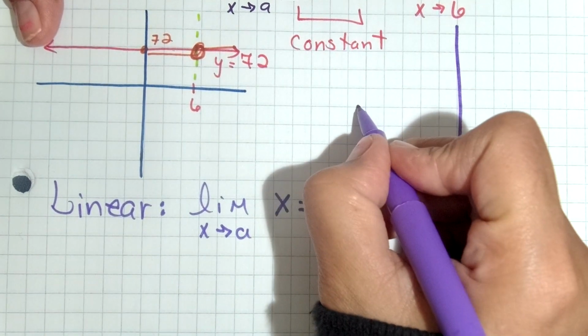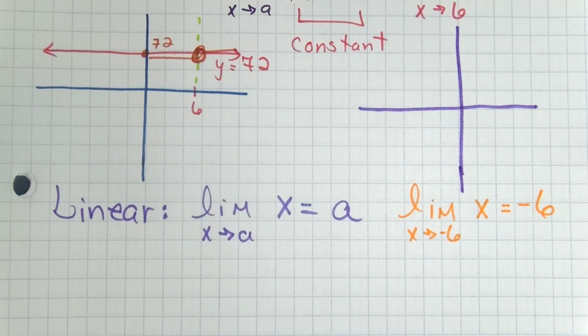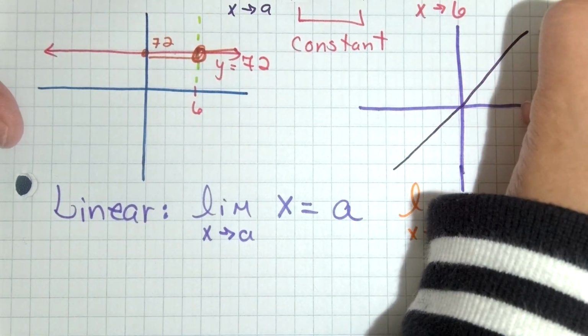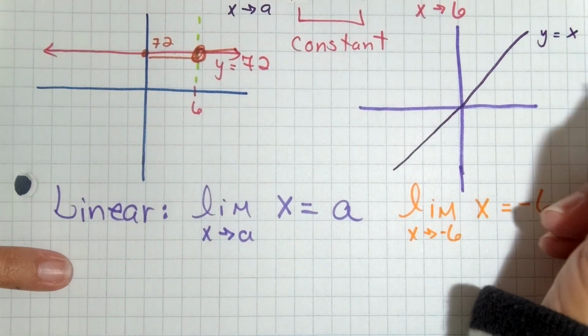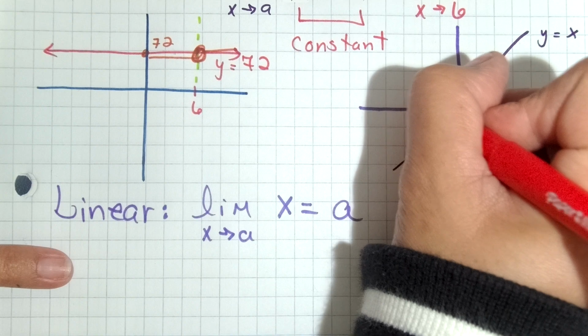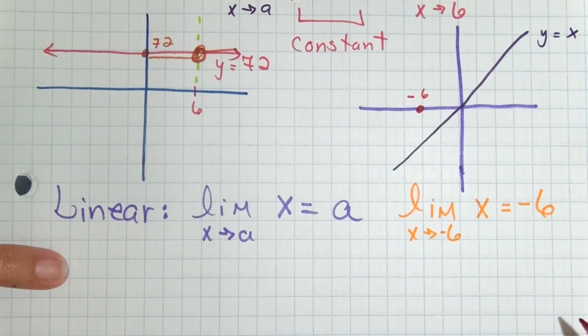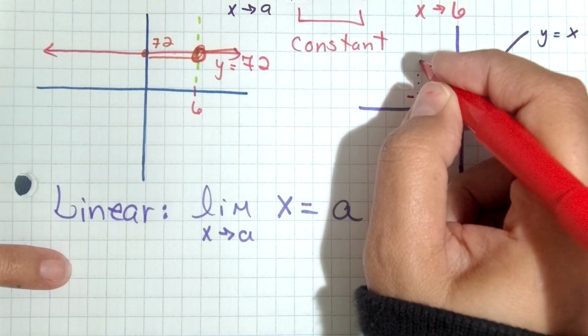So let me show you what that looks like graphically. This is what Miguel was saying. This is the graph of y equals x. If I did negative 6, negative 6 is over here. So again, I'll draw the line like we did way in the beginning of limits.